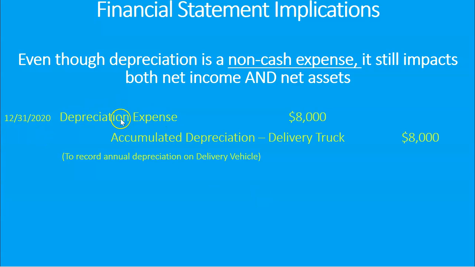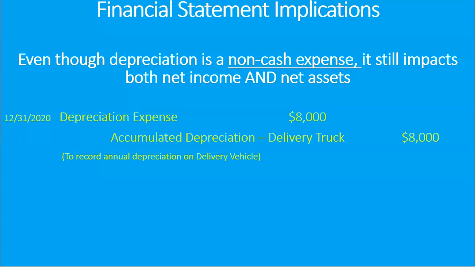Depreciation expense is over on the income statement, and we're going to debit that for $8,000. And then we're also going to have a contra account, an adjustment account called accumulated depreciation delivery truck for $8,000, and that's all over on the balance sheet.